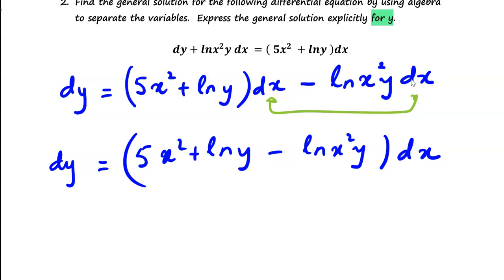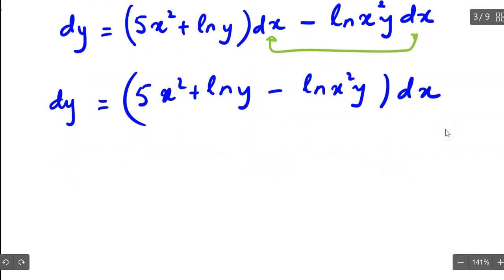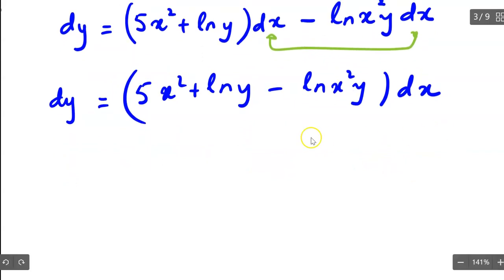Okay, so let's double check. All right, so this is what we have. We factor it out. If you multiply this back inside the bracket, you end up with the exact same thing. So now, I am going to ask you to take a look at these two terms. We are going to use the property of logarithm.